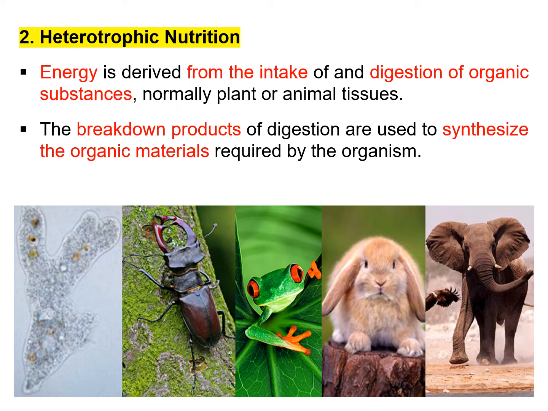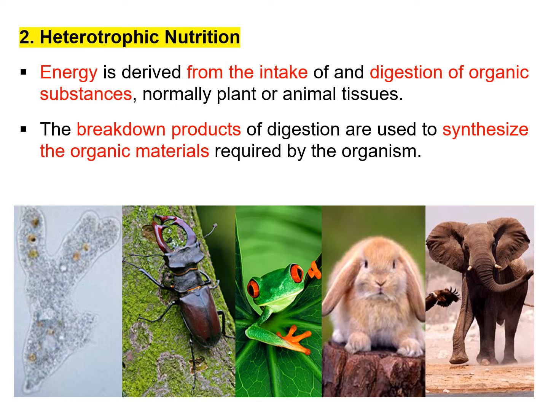And now it's about heterotrophic nutrition. For this type of nutrition, the energy is normally derived from the intake and digestion of organic substances, normally plant or animal tissues.